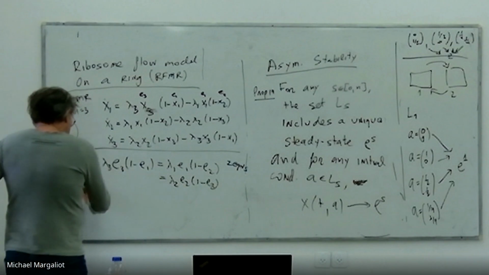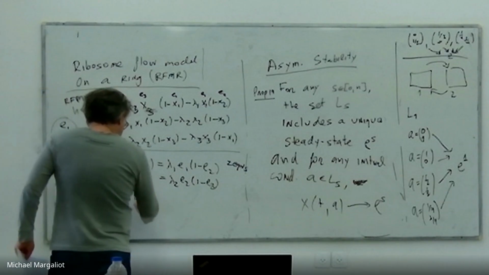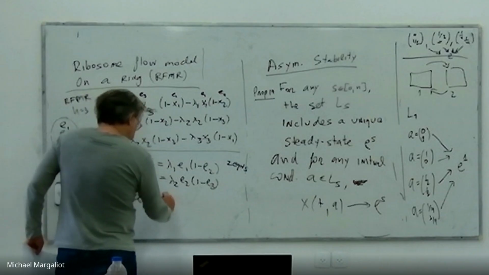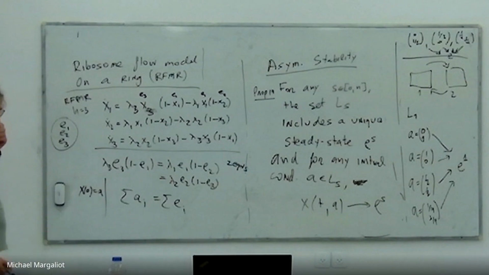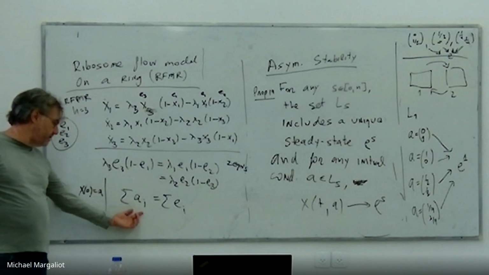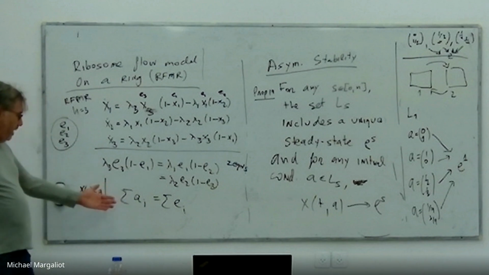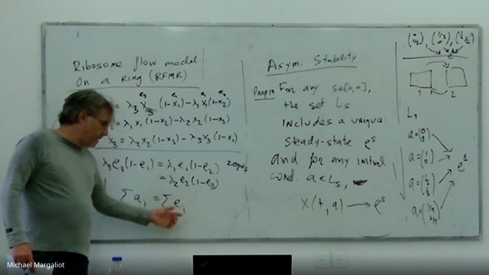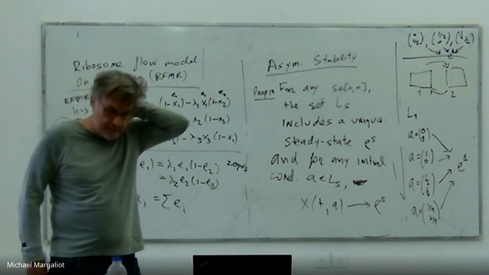If I started from initial condition A, then I know that sigma A_i is equal to sigma E_i. Why? Because of the conservation of density. This is the density at the initial condition, and this is the density after infinite time when I converge to the steady state.